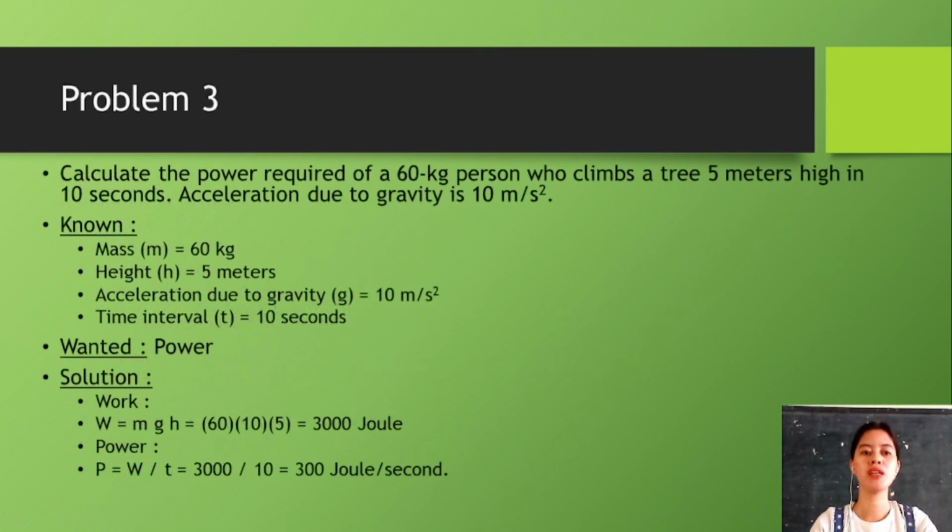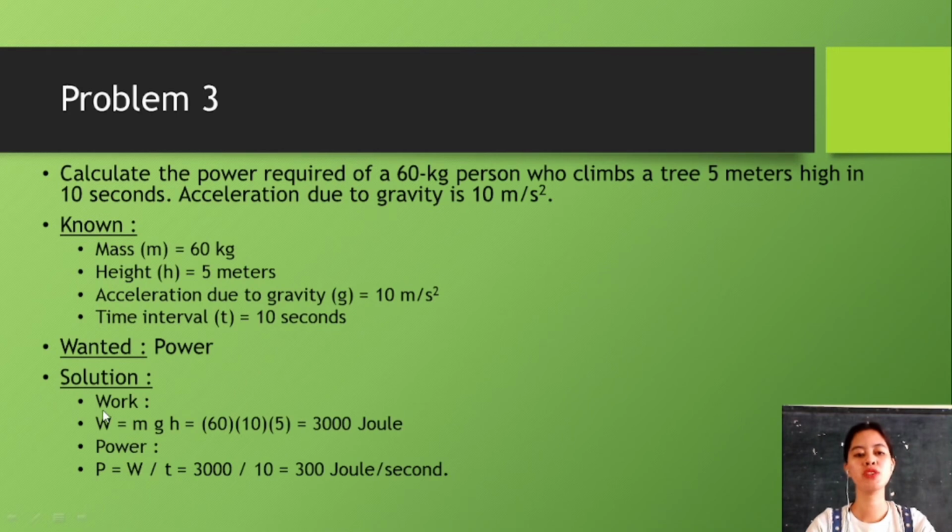Problem number 3. Calculate the power required of a 60 kilogram person who climbs a tree 5 meters high in 10 seconds. Acceleration due to gravity is 10 meters per second squared. So, given mass is 60 kilogram, height is 5 meters, time is 10 seconds. We are looking for, again, power.